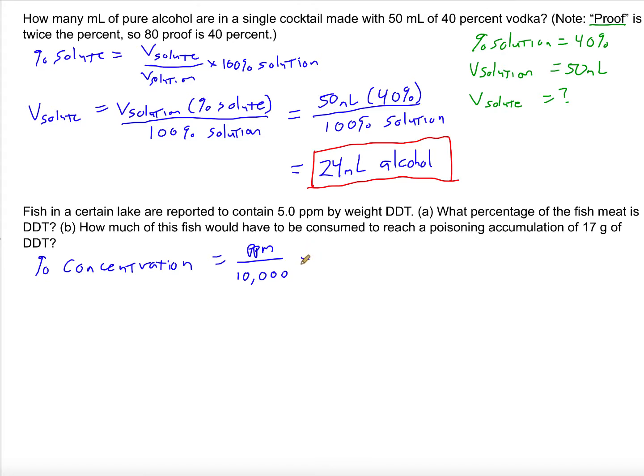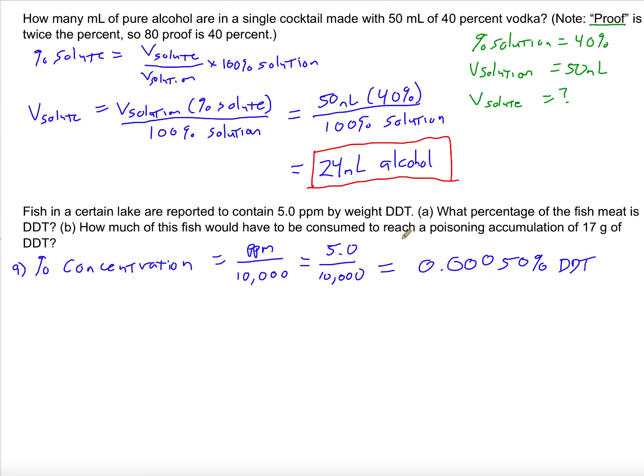So this would be the parts per million is 5.0. We divide that by 10,000 and get the answer. This is part A here, and get the answer of 0.00050% DDT.